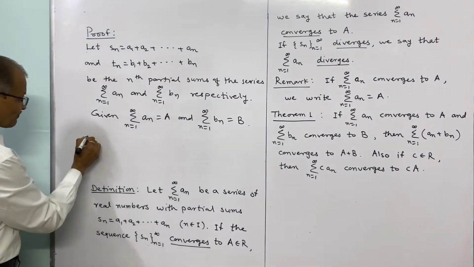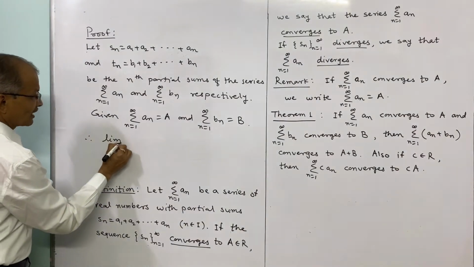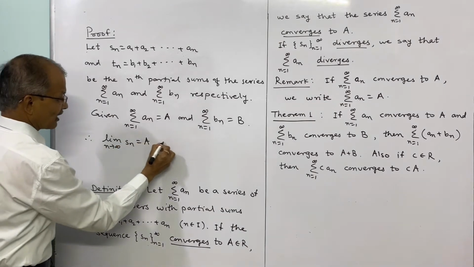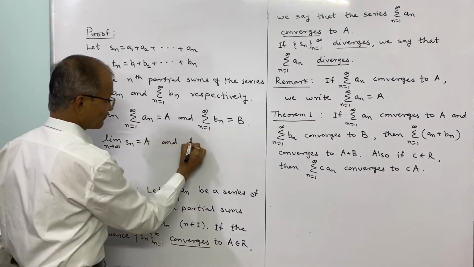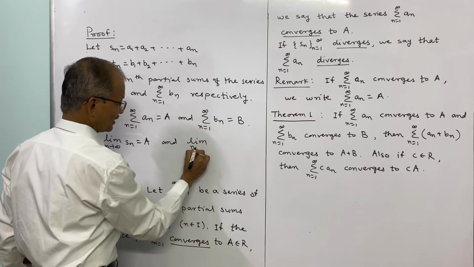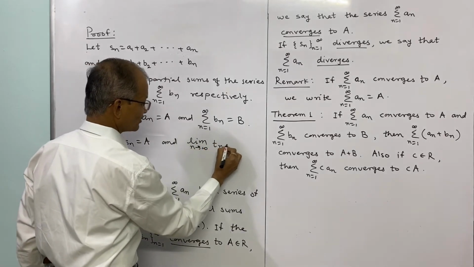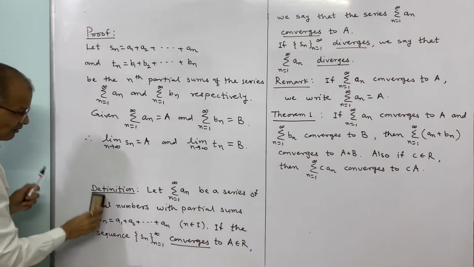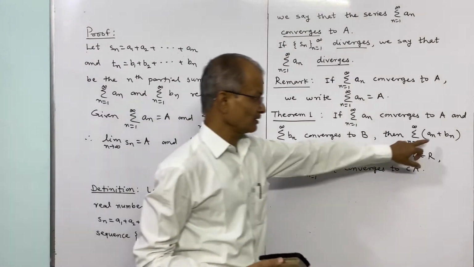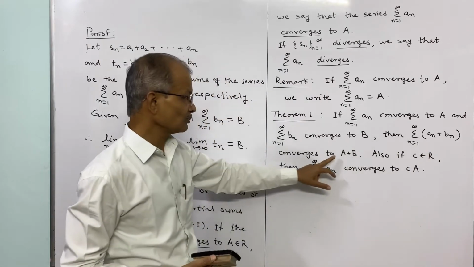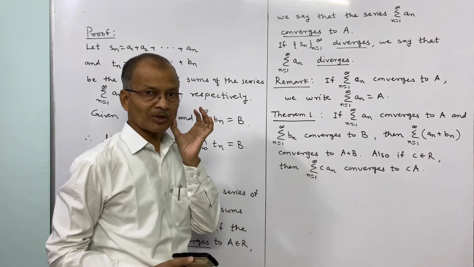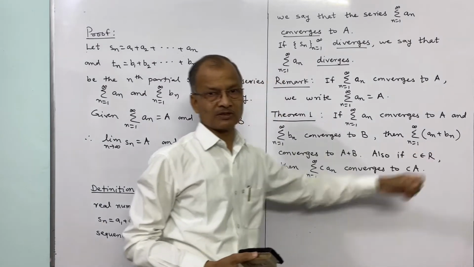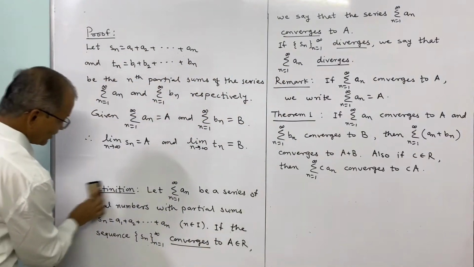So we have the limit of Sn as n tends to infinity is equal to A, and the limit of Tn as n tends to infinity is equal to B. Now we want to show this series converges to A plus B. For that purpose we have to write the nth partial sum of this series.